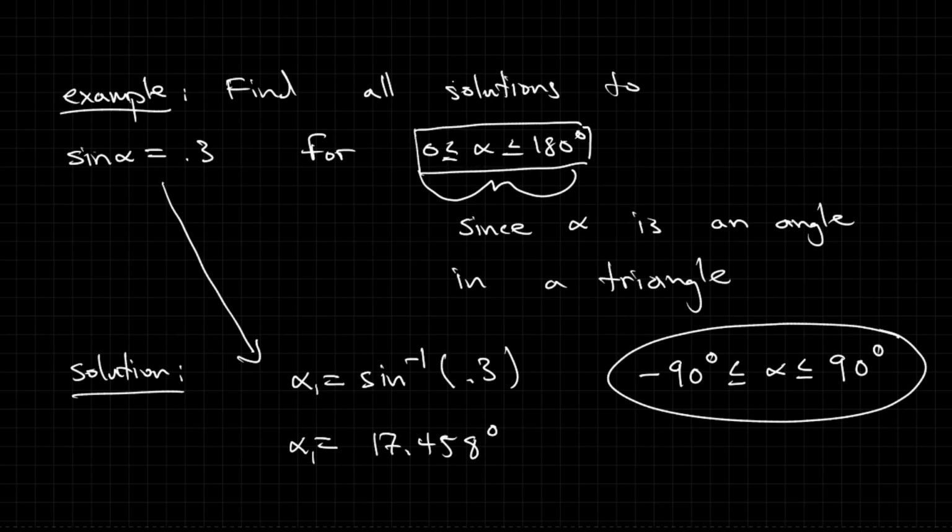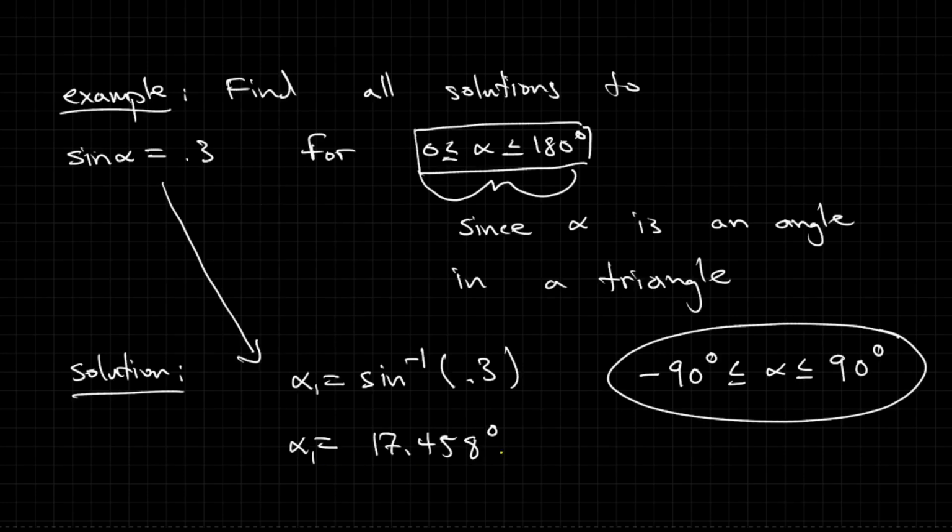In order to convince you that there is another solution, let's look at the unit circle. So we'll draw some axes. Here's a reasonable circle. Now we found this alpha 1, which is about 17 degrees, such that sine of alpha 1 is 0.3.